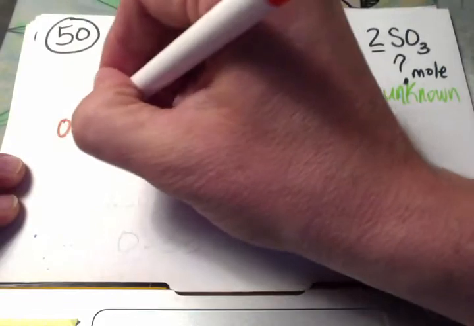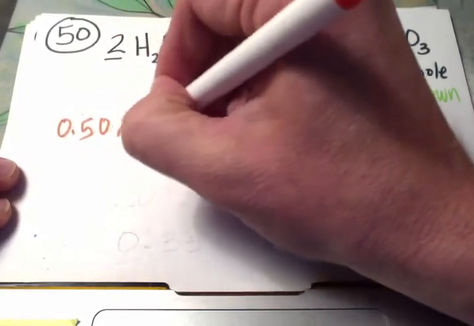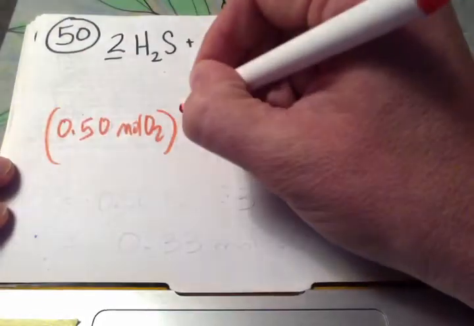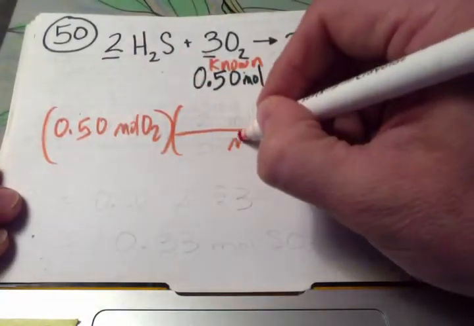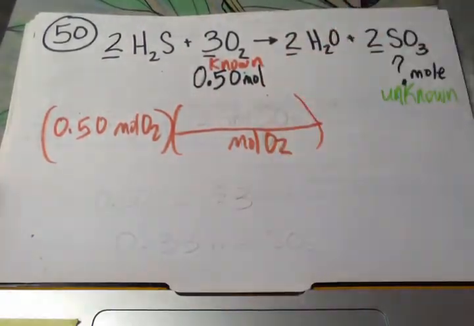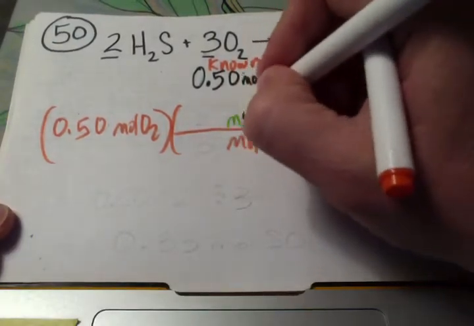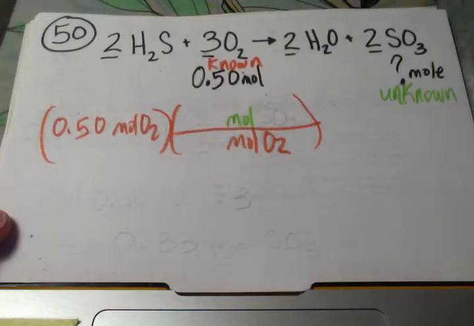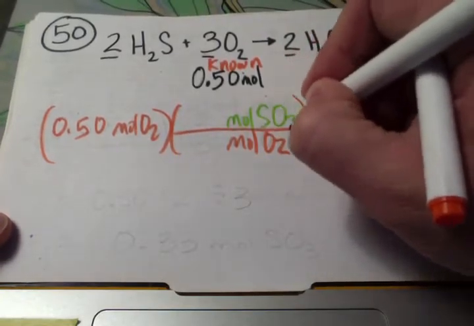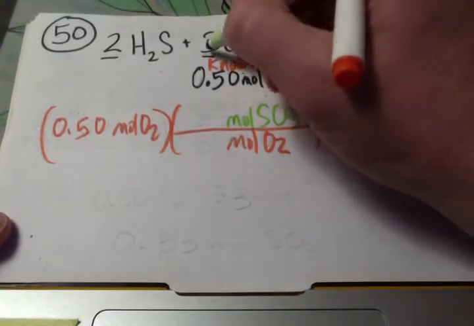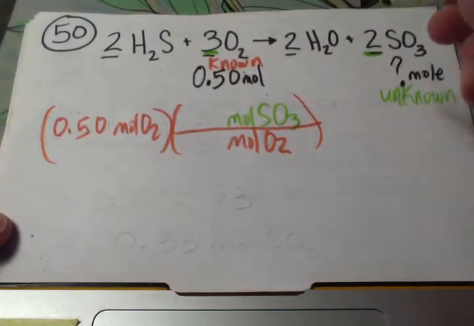Once I got the known, I'm just going automatic, write it, mole O2 on bottom. Then I come back to mole to mole, sulfur trioxide. And then it's just mole ratios.